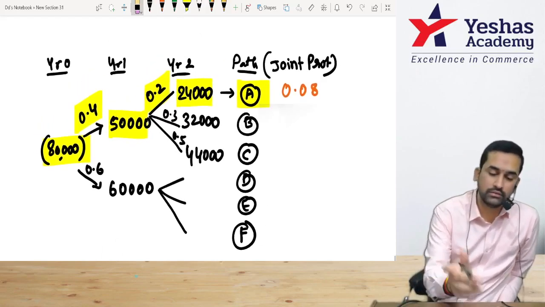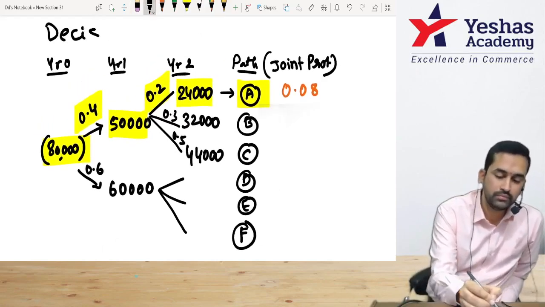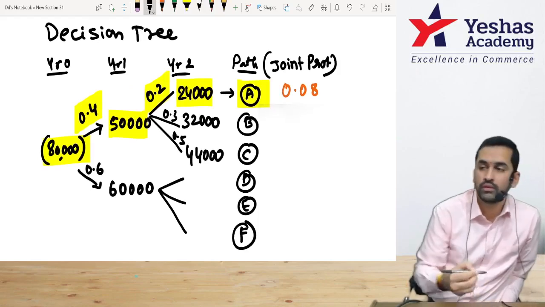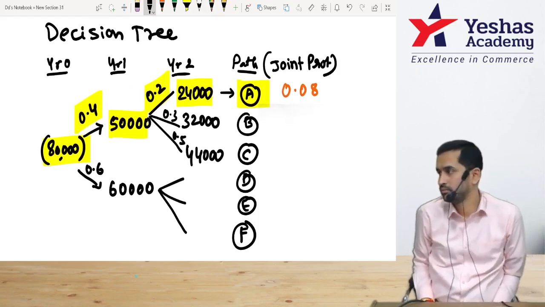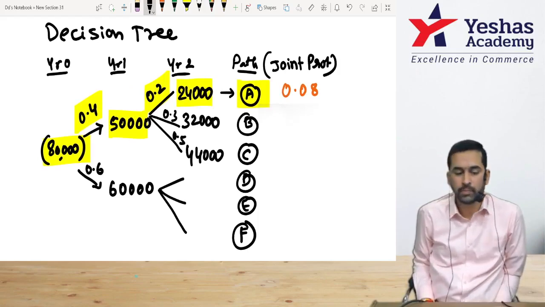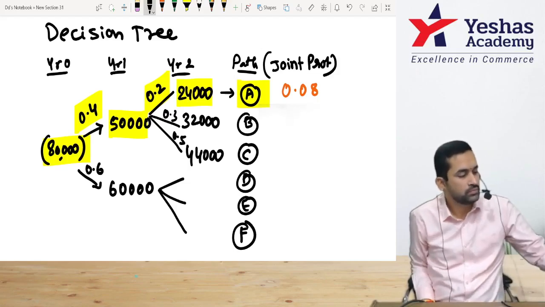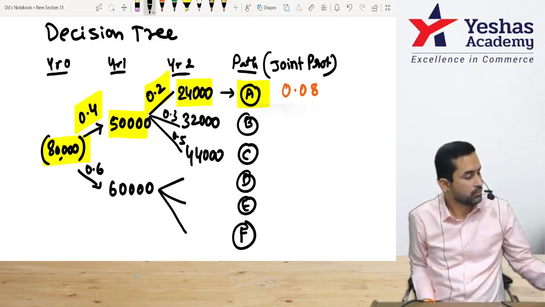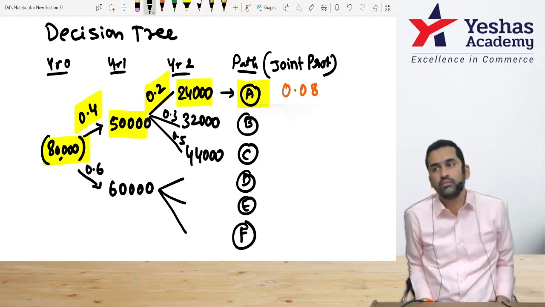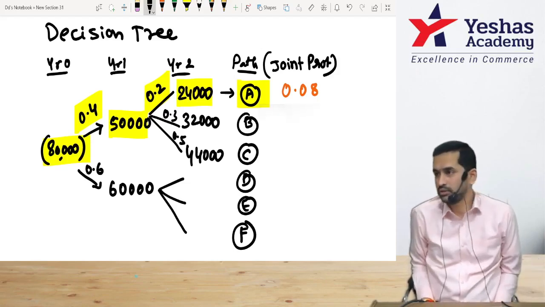Start heading decision tree. Start with year 0. $80,000. Year 1.